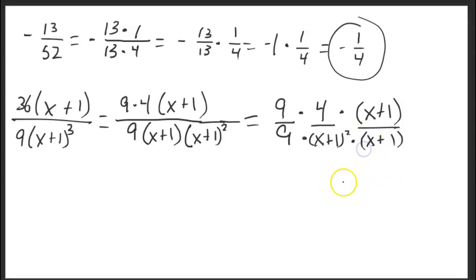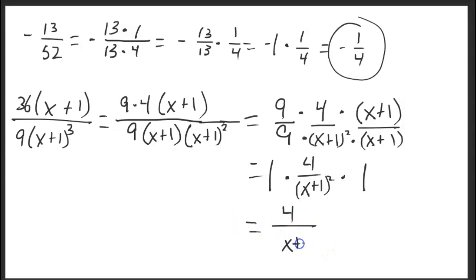right? Why would I do that? Well, the 9 over 9 is a 1 times 4 over x plus 1 quantity squared times the x plus 1 over the x plus 1 is a 1. So really what I have is 4 over x plus 1 squared.